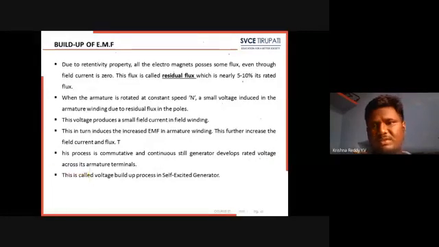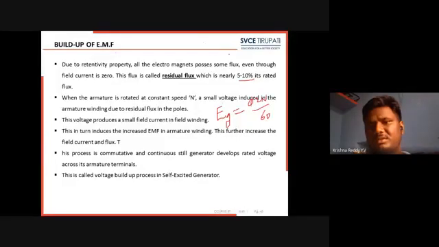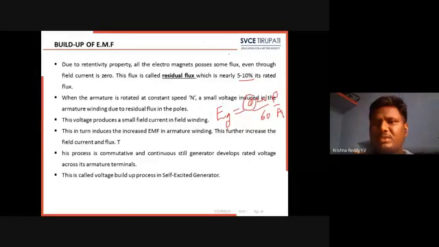Here 5 to 10% of flux is available. EMF equation: E = PhiZN/60 into P/A. Here we have only 5 to 10% of the rated flux, so the EMF voltage is some 5 to 10% of its rated voltage.